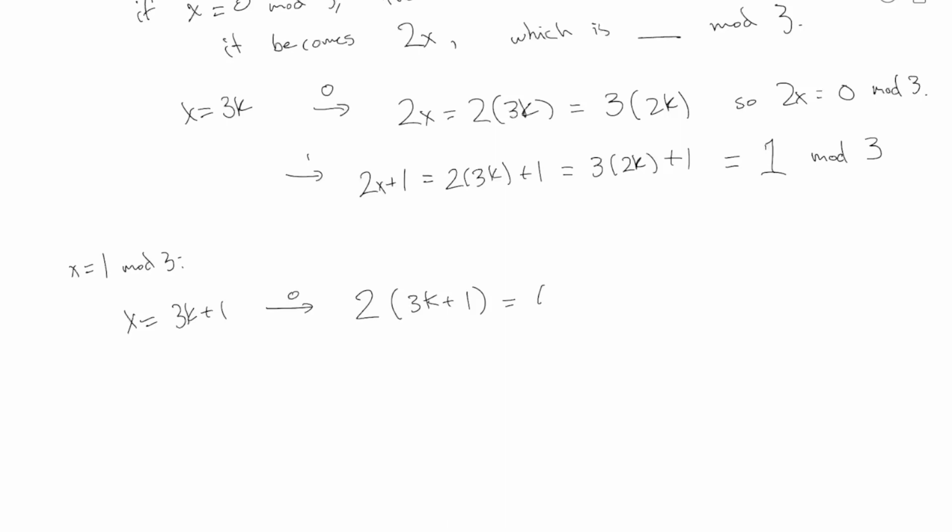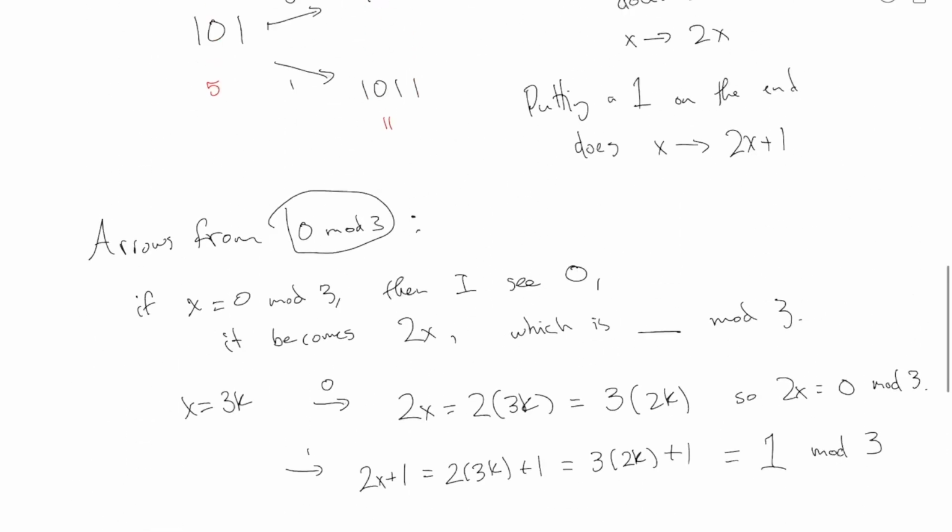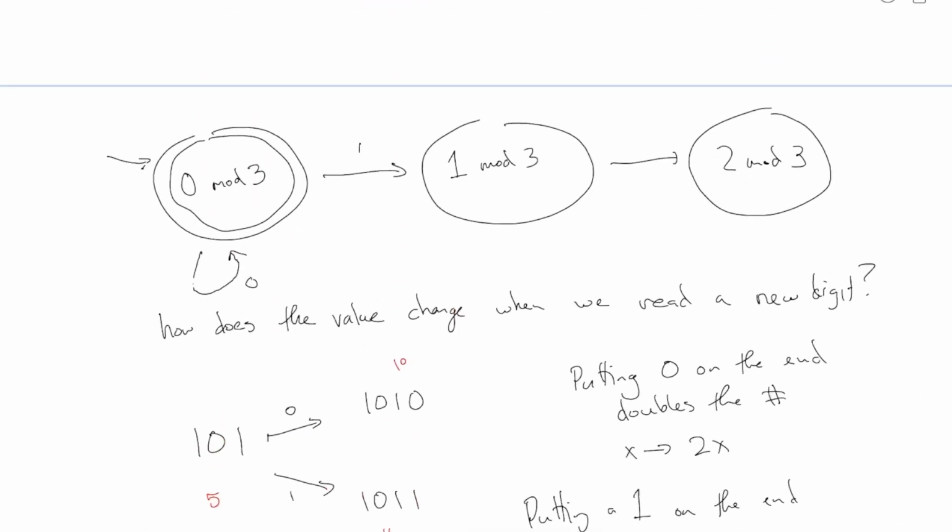You get 2 times 3k plus 2. But then this is 3 times 2k plus 2. So this is 3 times something plus 2, which means this thing is 2 mod 3, right? It's a multiple of 3 plus an extra 2. So that means the 0 arrow from the middle state goes over to the 2.